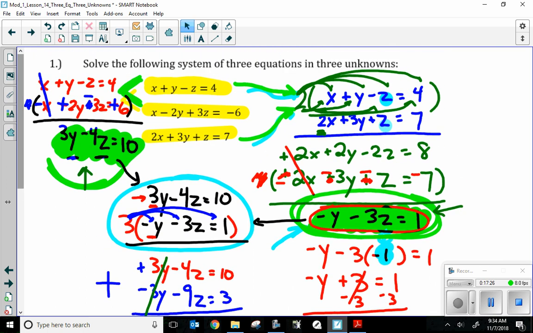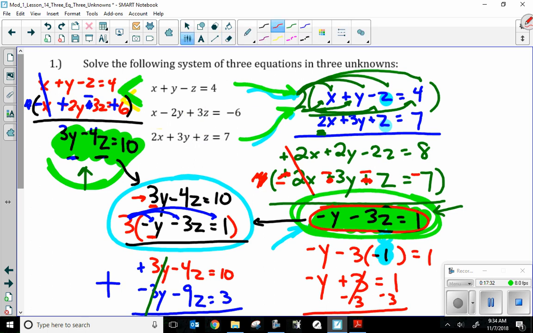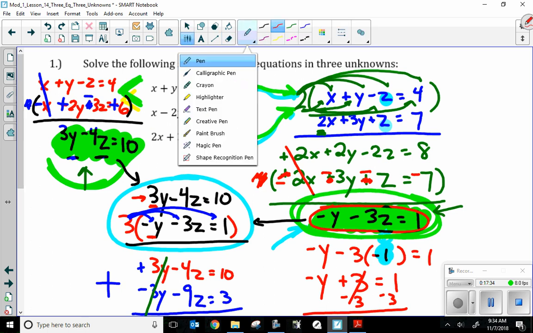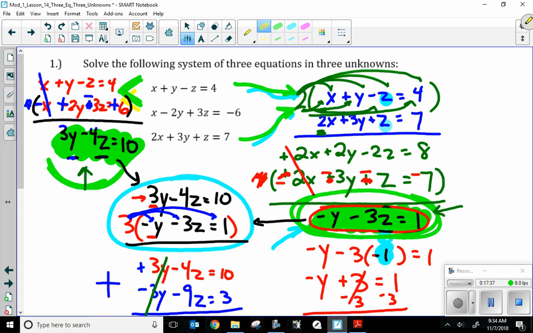Now, the thing that stinks for a teacher to grade problems like these is the following. There are multiple ways to do this, meaning you could have picked, instead of how I picked the first 2, this middle one and this second one to get rid of a variable, okay?